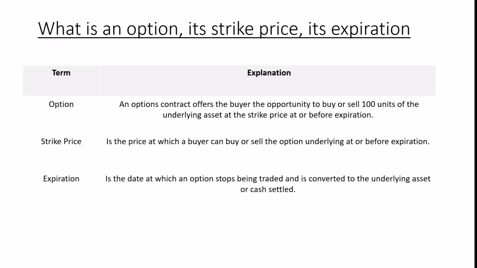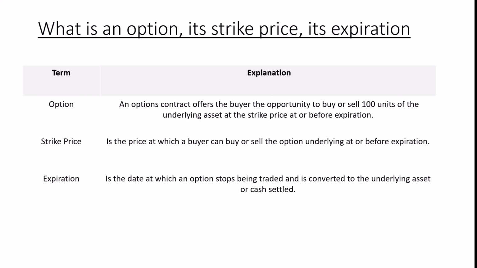What does converted to the underlying asset or being cash settled mean? That means usually options are converted to the underlying asset at expiration, which might be stocks or futures.